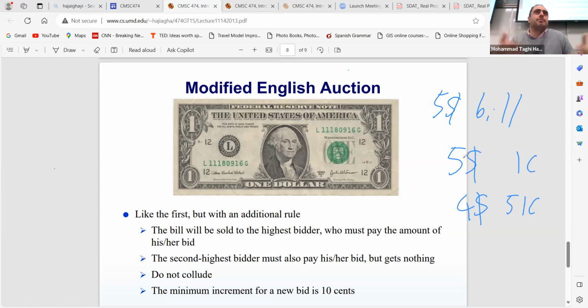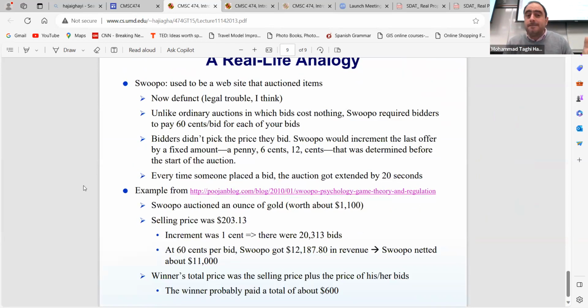Anyhow, you can consider it some kind of tax that people are paying. But anyhow, that's for the lottery. This is the real world. I just want to give one example, but it is very important. All these kinds of Ponzi schemes are the same as well. In some sense, the person who gets the money is the one that runs the auction. Good. And this is actually a very valid question.